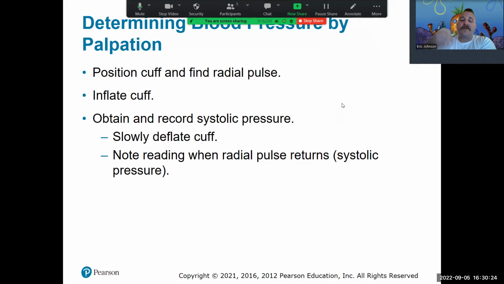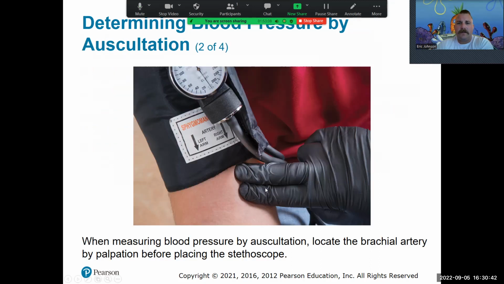Another quick note, when we're getting a blood pressure, because I don't have a cuff in front of me right now with an actual dial, remember that we can only record these numbers as even numbers. They are evenly spaced by powers of, let's go back a couple slides here. If you look here, by power of 20.